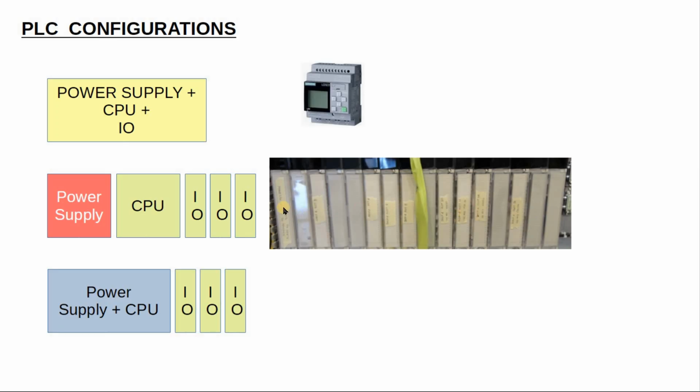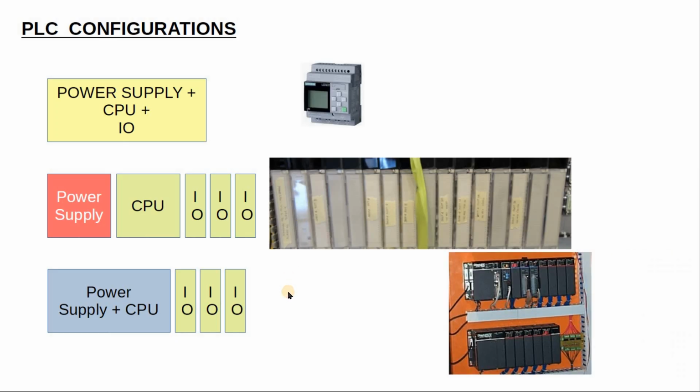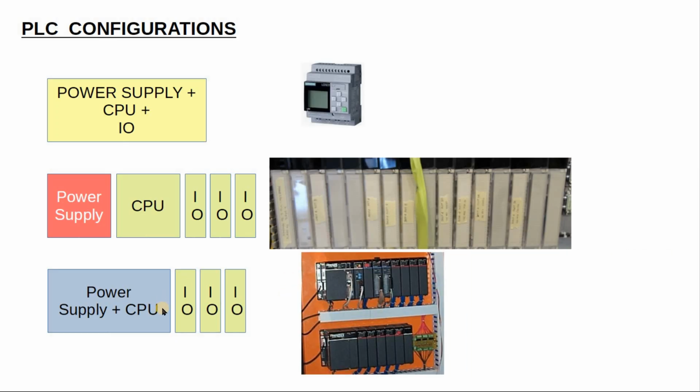You have the power supply separate from the CPU. The last configuration is where the power supply and the CPU are one piece. They are not two pieces. Here you can see this is a CPU and a power supply. In the next base, it's a power supply only.